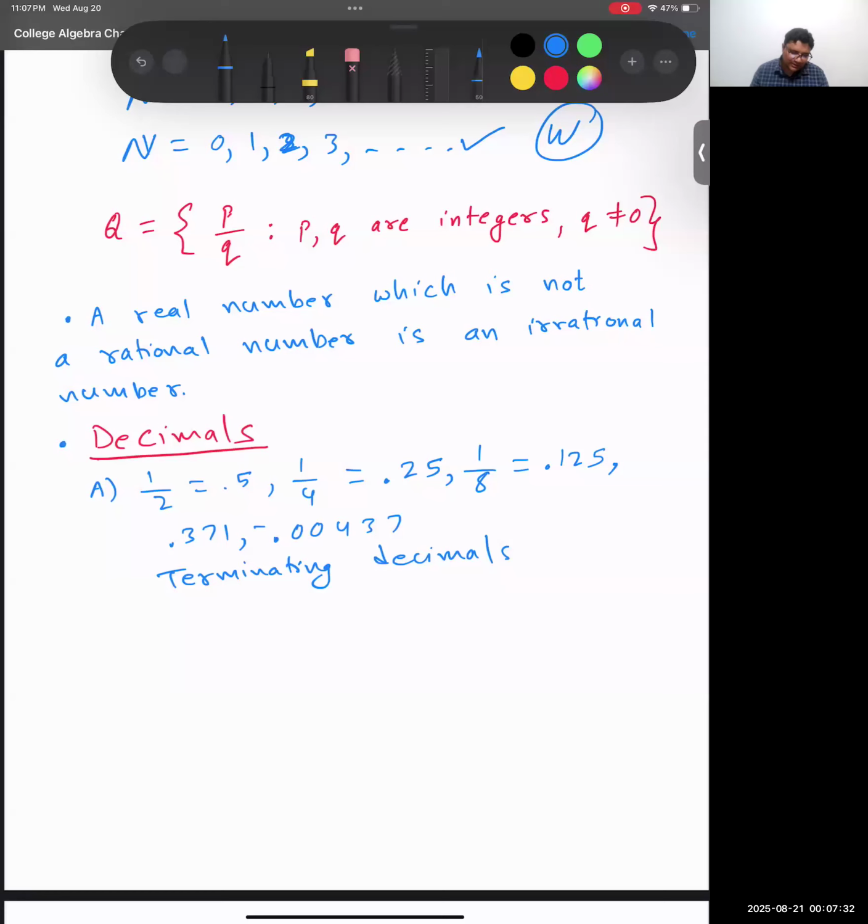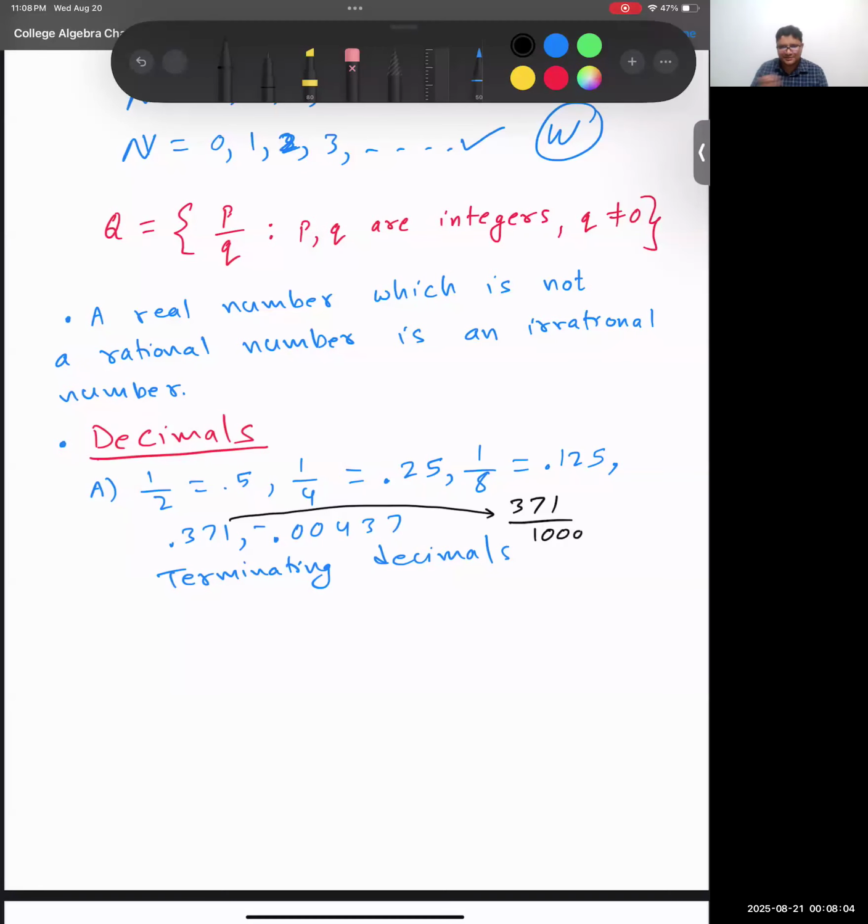Now, one thing that you will notice about terminating decimals is I expressed the first 3 numbers as both decimals as well as fractions, right? And the next 2 that you see there, 0.371, can be very easily converted into a fraction. If you ask how, I would say 0.371 is 371 divided by 1000.